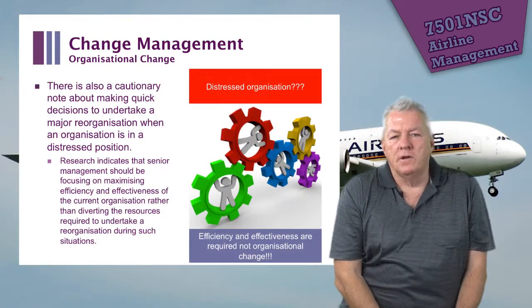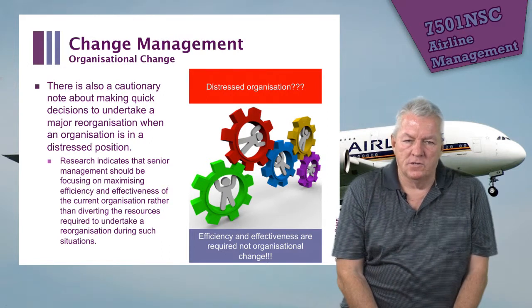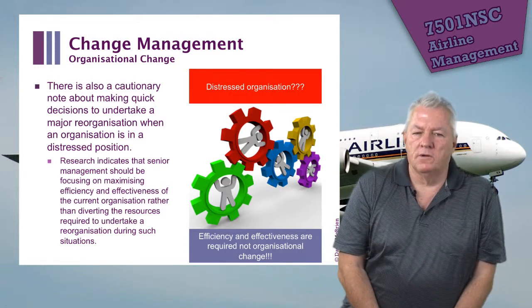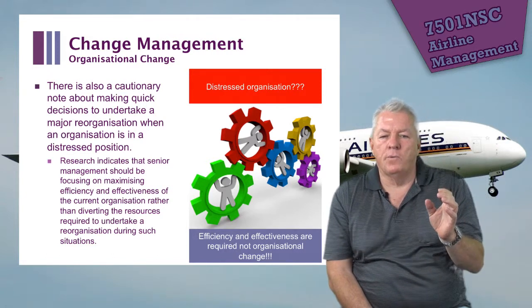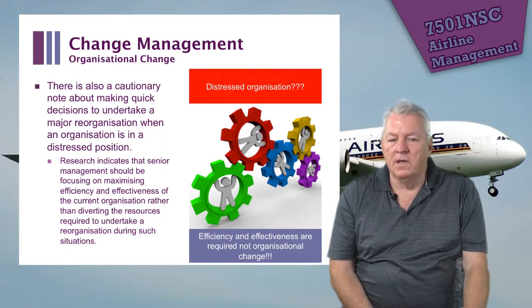There's also a cautionary note when talking about organisational change about distressed organisations. Research indicates that senior management should be focusing on maximising efficiency and effectiveness of the current organisation rather than diverting the resources required to undertake a reorganisation during such situations. So what does that mean?